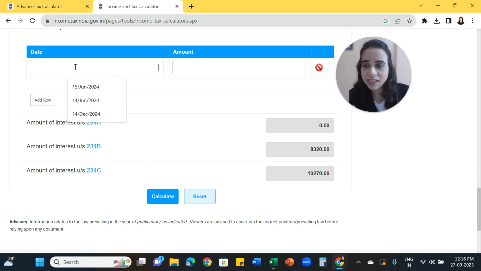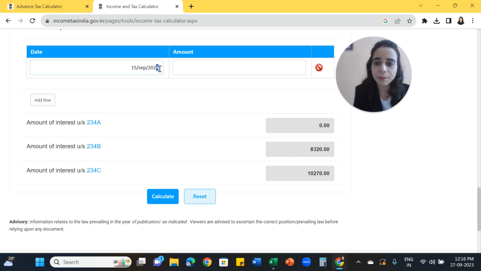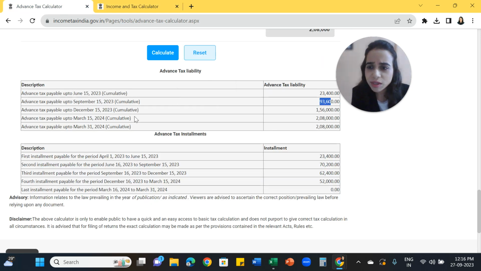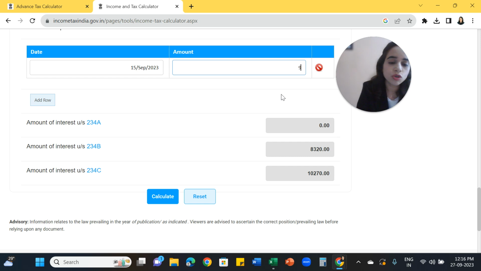So I will say that I have paid on 15 September 2023, not 15 June. How much am I supposed to pay on 15 September 2023? Around 93,600. So let me assume that I have paid around 90,000. And then I will say calculate.